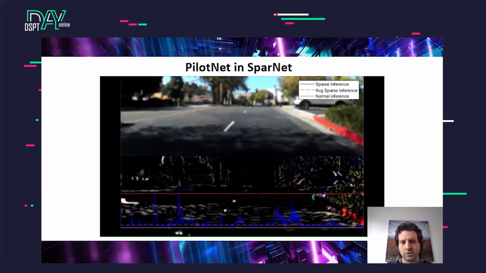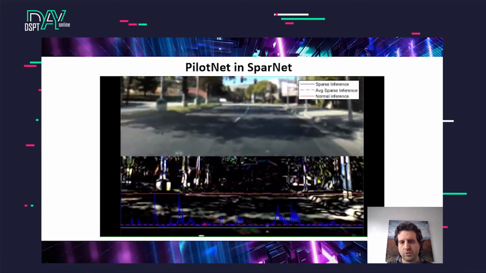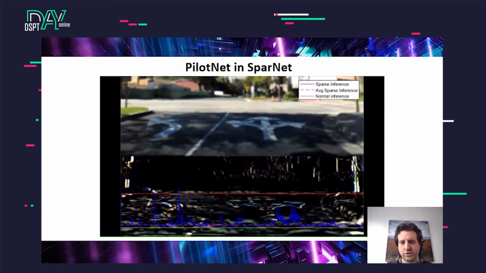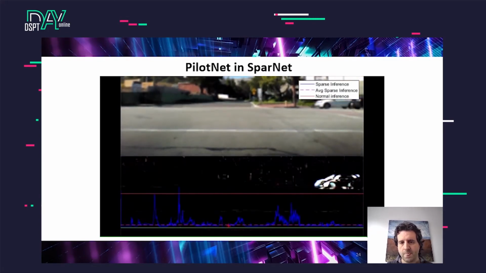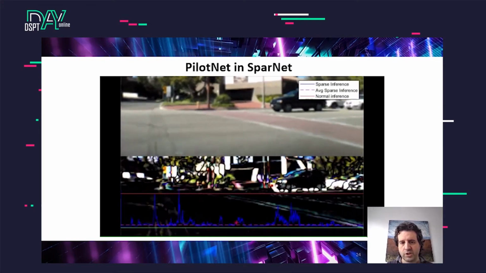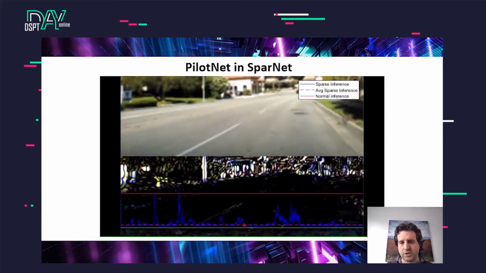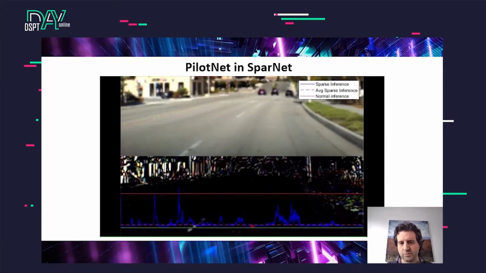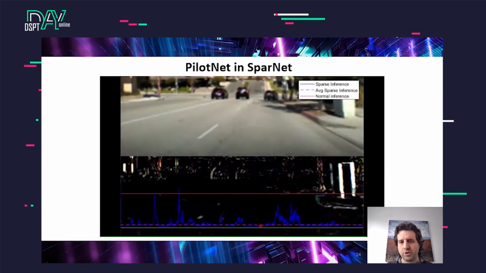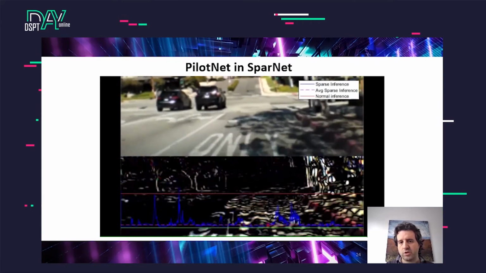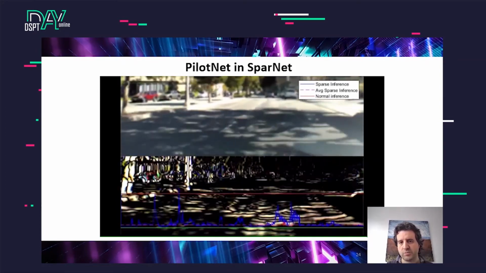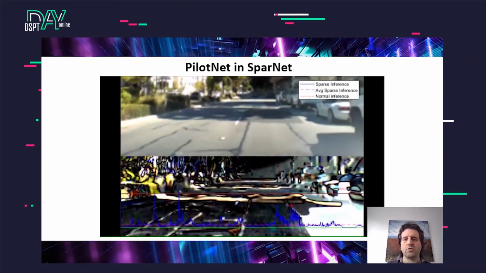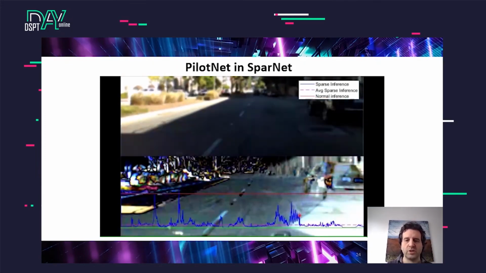And below, you see in red the number of synapses, of operations, that you have to process for a normal CNN evaluation, and in blue the number of synapses that we have to process if we do the delta frames. So you see a huge decrease in the number of operations, especially when you're keeping to the same road or when you stop the car, and of course many more operations happen when you have to turn or when you go out of a garage into the exterior where the scene completely changes.